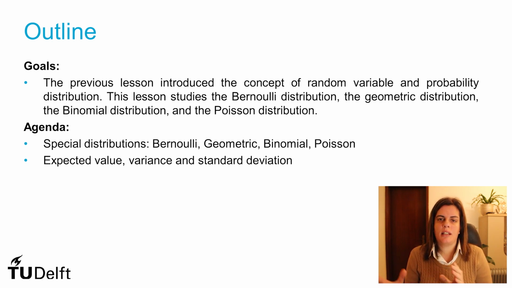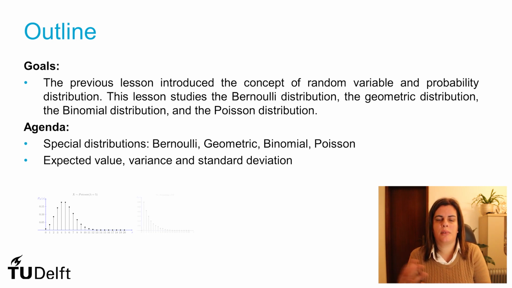So sometimes we say, oh, that random variable is a Poisson variable, or it's a geometric variable, or a binomial variable.